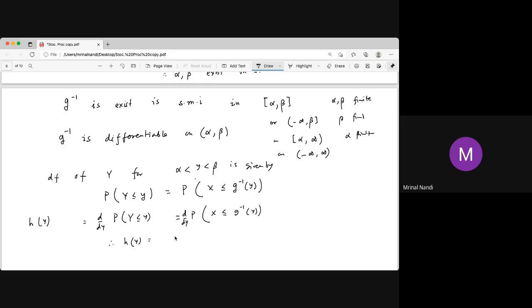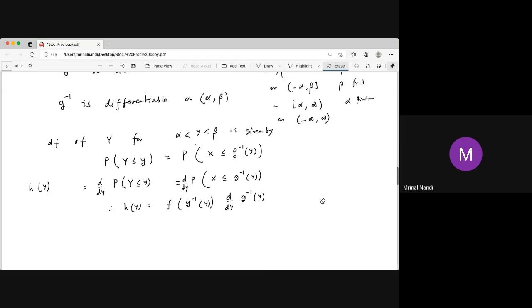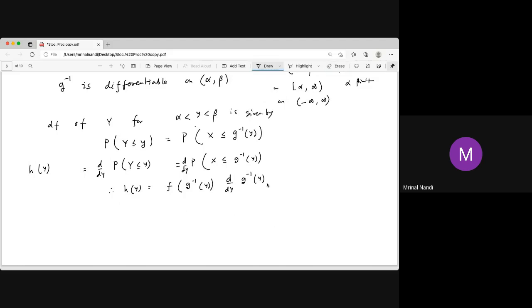So it is f of g inverse y times d/dy of g inverse y, and we just put a mod. Since the derivative is positive, the mod can be dropped.